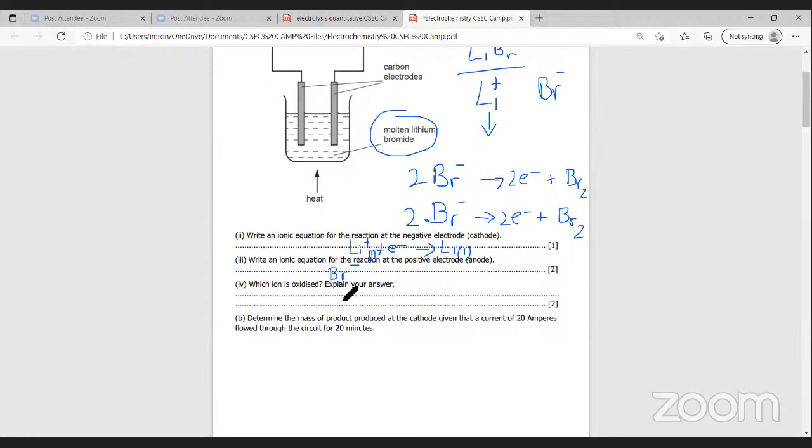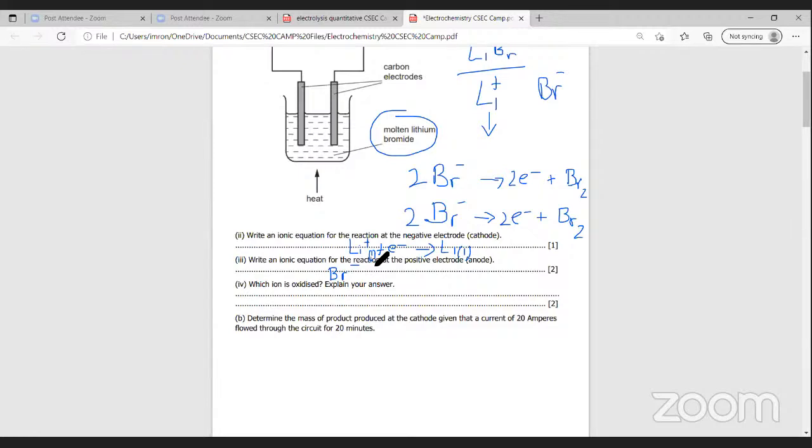All right. Which ion is oxidized? Explain your answer. In the chat, which ion is oxidized? Quickly. Some say lithium. Others say bromine.